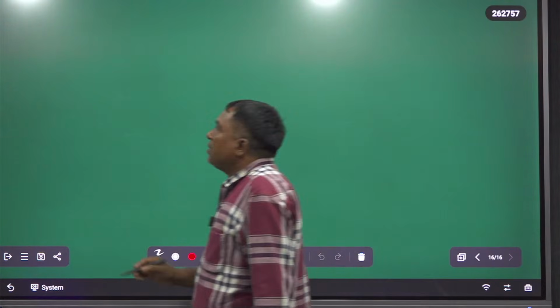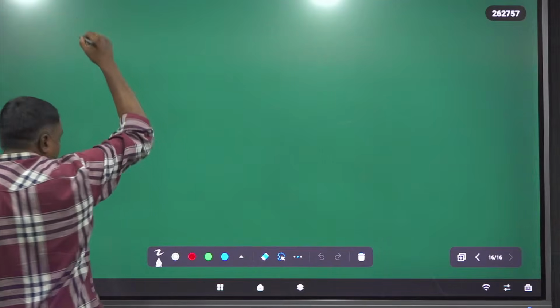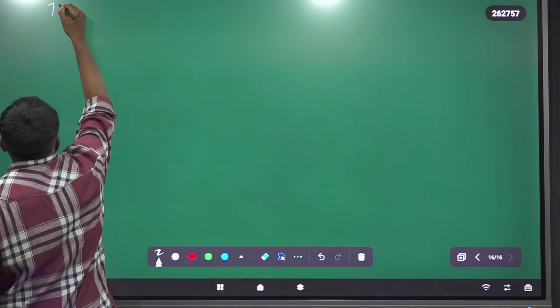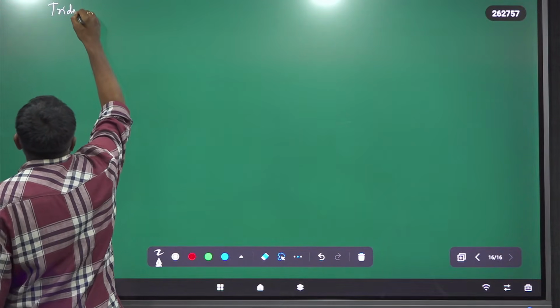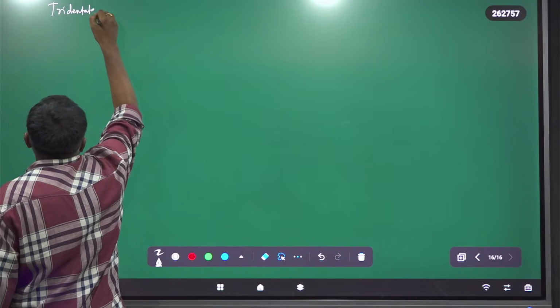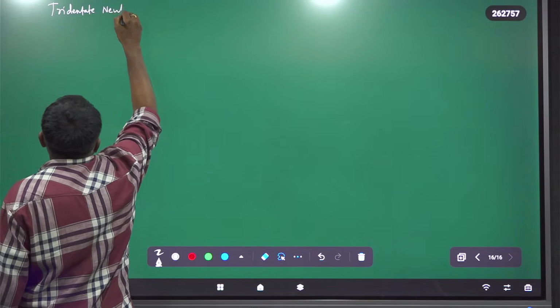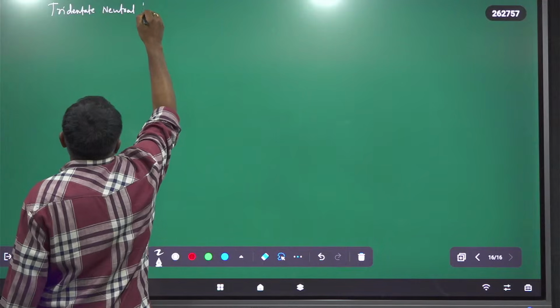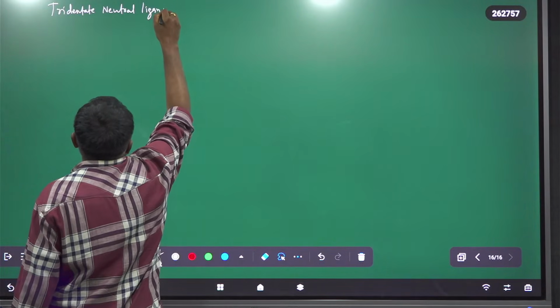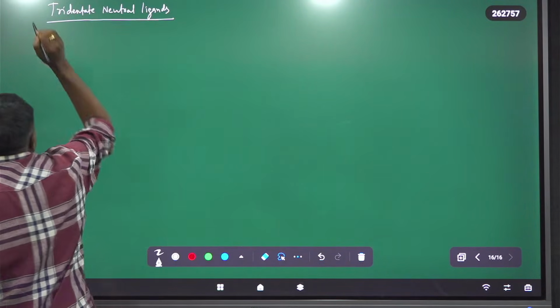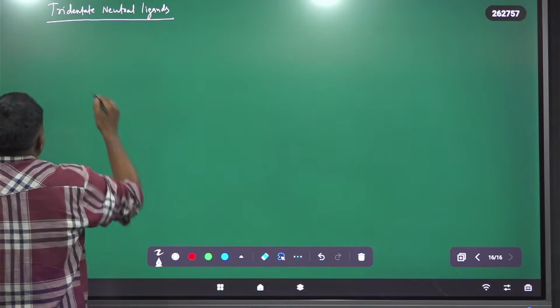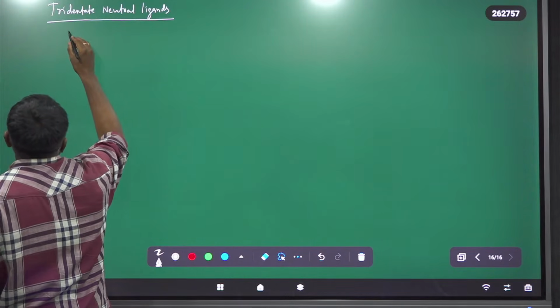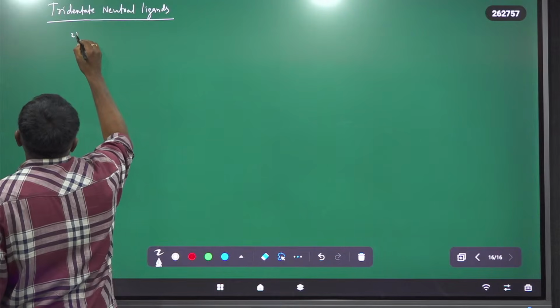After this, tridentate neutral ligands. So what are the tridentate neutral ligands? First it is diene, diethylene triamine.